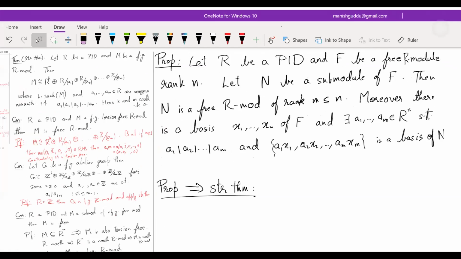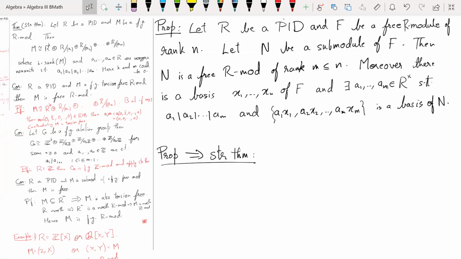So let's prove the structure theorem using this proposition. Let M be a finitely generated R module. We want to cook up a free module and a submodule so that we can apply this proposition. So how do we cook up a free module?